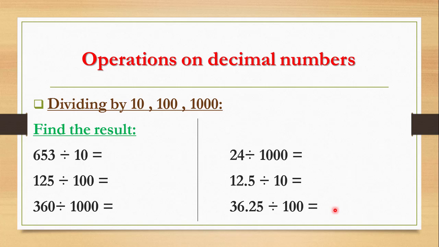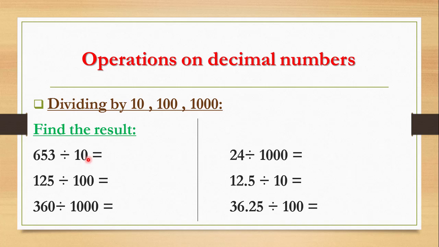Now we want to know how to divide by 10 or 100 or 1000. Okay, look at here. We have 653 divided by 10. In this case, we will count a number of decimal places equal to the zeros in the divisor.